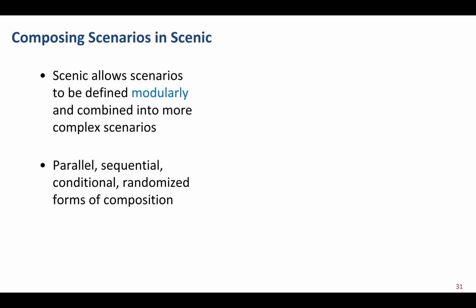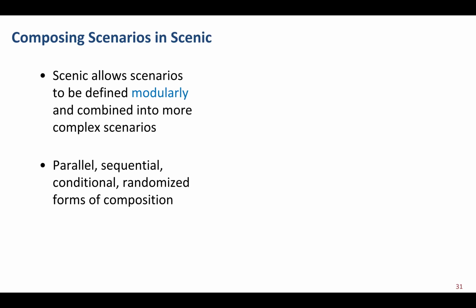Okay, great. So when Daniel introduced Scenic yesterday, the dynamic scenario features, he talked a little bit about the compositional aspect, that you can define scenarios and you can combine simple scenarios into more complex scenarios. And so we have various kinds of composition.